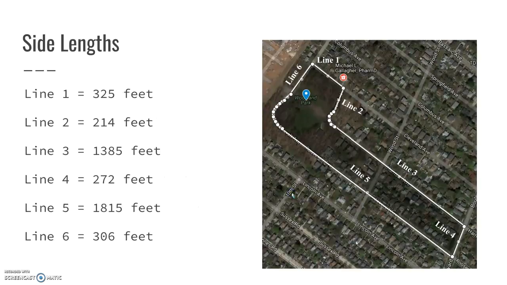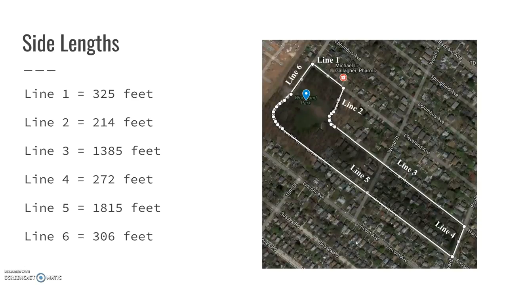And then we look at the 6 side lengths, which I was able to find using the measurement tool, once again given to me by Google Maps. Finding these 6 lines was no trouble due to them being straight lines, and no calculations were needed, only the graphing tool.